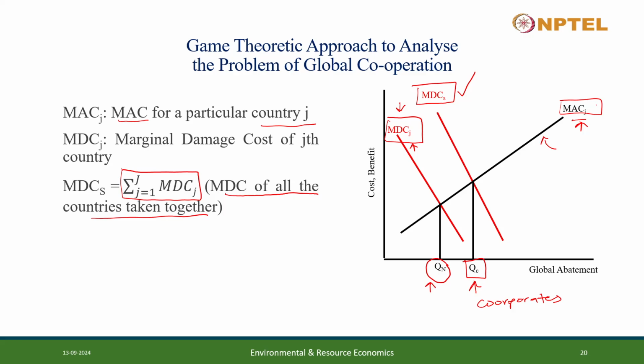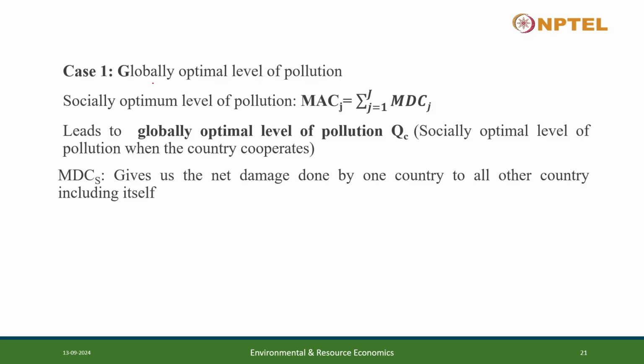Okay. So here, in case one, the globally optimal level of pollution is achieved when MAC equals the sum of MDC. So in this case, we move towards QC. QC is the socially optimal level of pollution when the country cooperates.